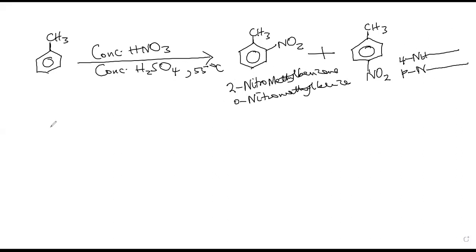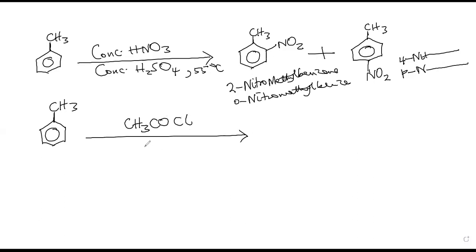The same applies to when one has carried out acylation. For the case of acylation, they're not different from those of benzene, only that we form a mixture of products. So if you have methylbenzene and you add CH3COCl in presence of maybe iron(III) chloride, you'll be forming a mixture of products.